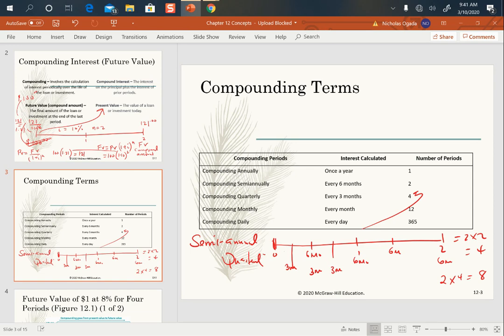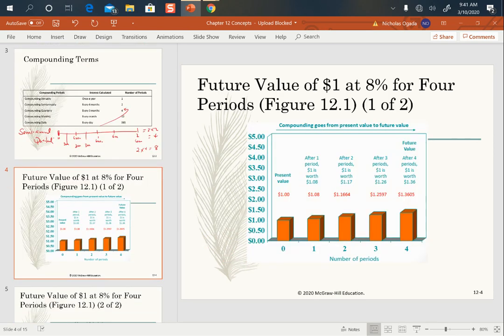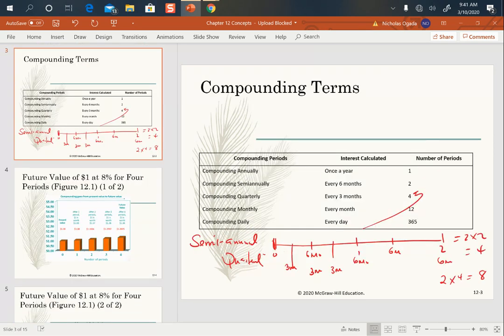For example, the rate, or the I, is also very important. So if you're being quoted 10% per year, but we know that the compounding is on a semi-annual basis, then we need to determine the rate per period.